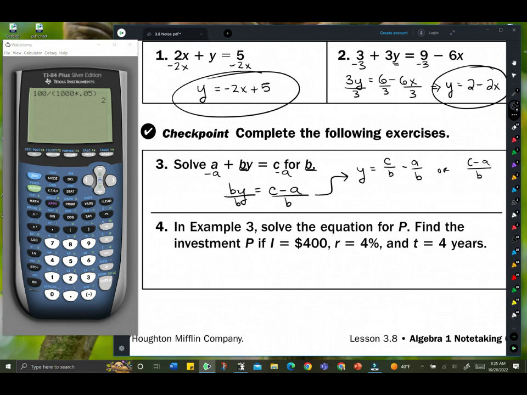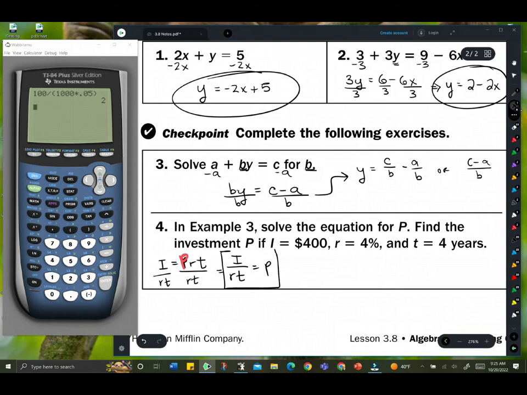Example 3, solve the equation for p. So we start out, I is equal to PRT. This time solving for P, which means we divide by RT. So interest over the rate times time is equal to the principal. That's the formula we'll use.